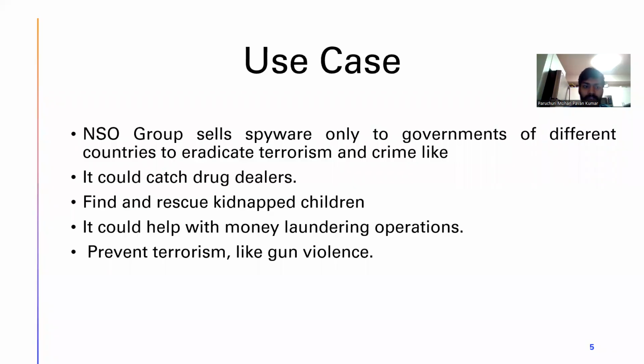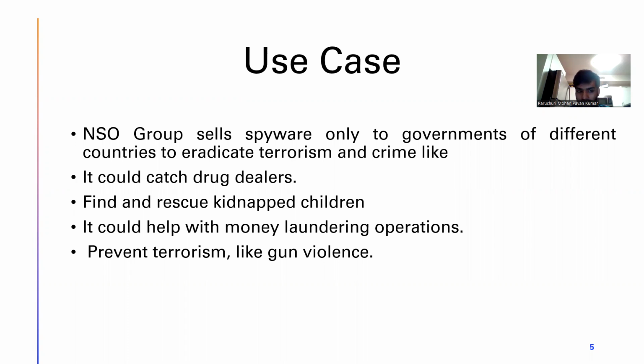The use cases of Pegasus. The NSO Group sells spyware only to the governments of different countries to eradicate terrorism and crime. It could catch drug dealers, find and rescue kidnapped children, help with money laundering operations, and prevent terrorism like gun violence. It gives every piece of information to the owner by tampering with their phones.